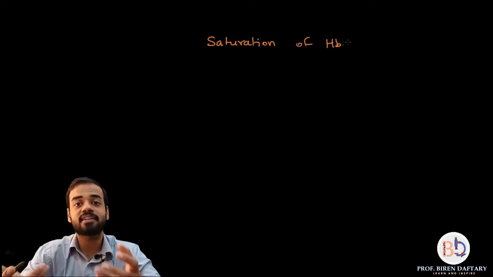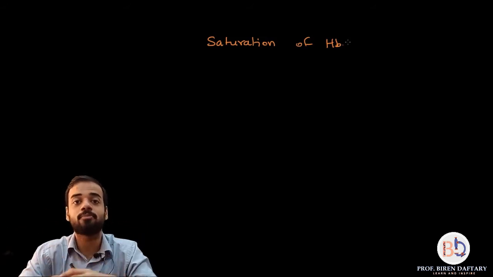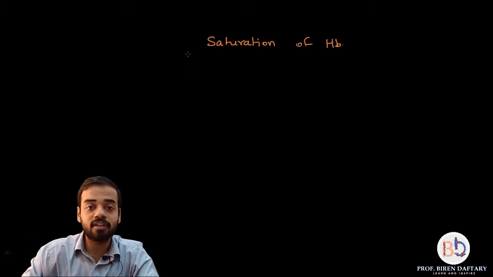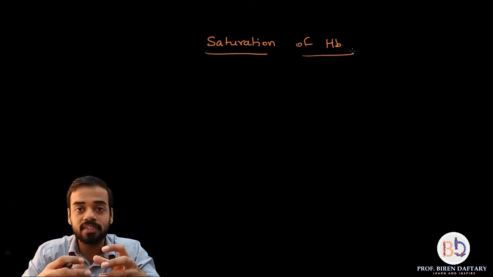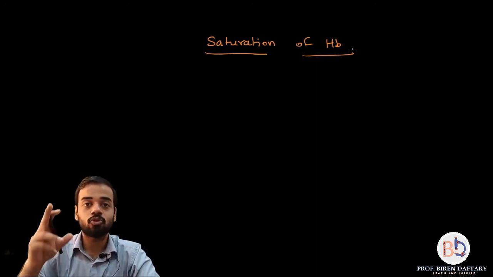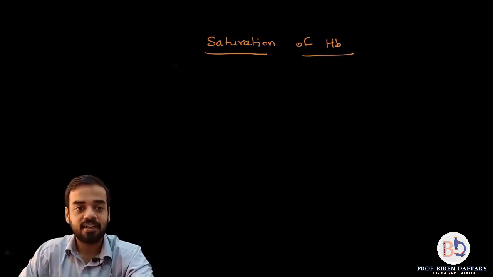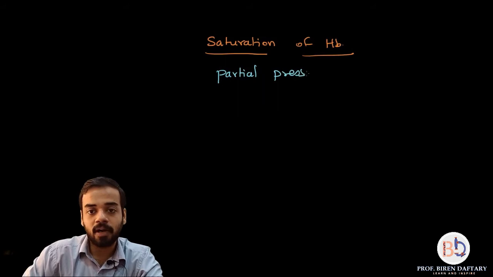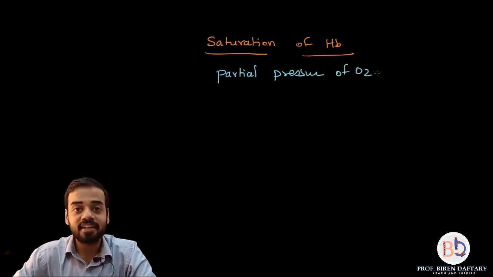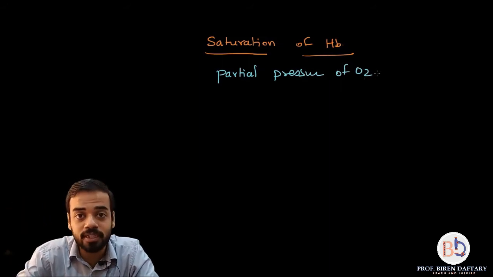Now what will decide how saturated the hemoglobin is? What do you think will decide whether the oxygen can combine with hemoglobin easily or not? Only one thing decides that, and that is called partial pressure. The partial pressure of oxygen will decide how saturated the hemoglobin is.